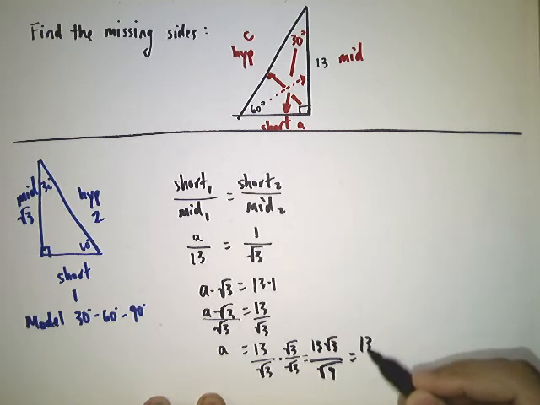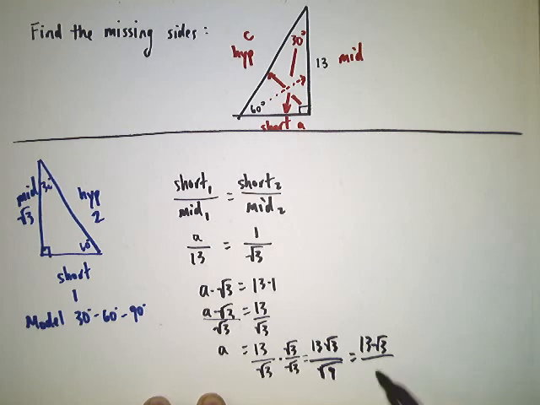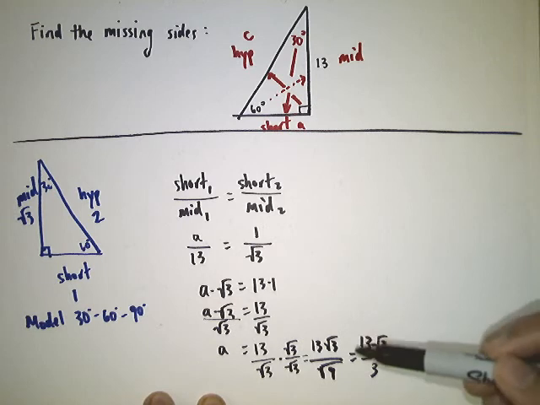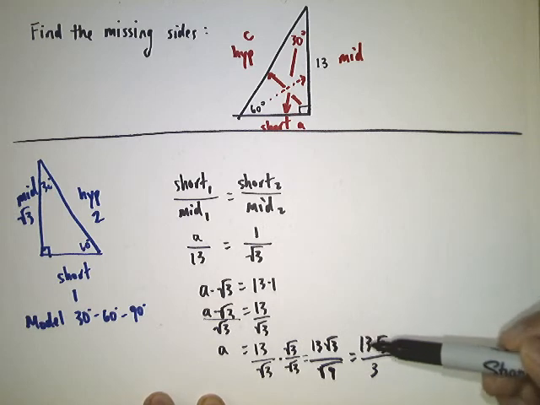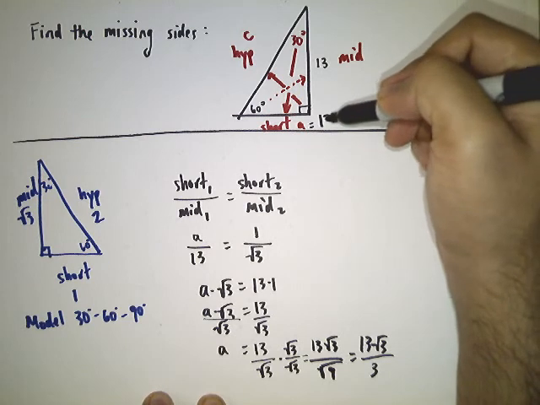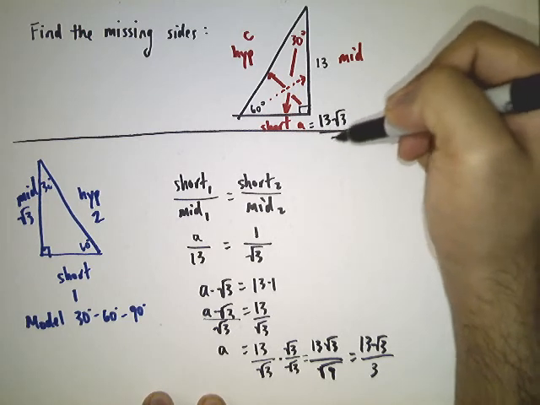So that becomes 13 root 3 divided by the square root of 9, which is 3. Now we think, is there any number that goes into both 13 and 3 other than 1? And there isn't. So we're actually done right there. We're done simplifying. 13 root 3 over 3, that's how long A is. 13 root 3 divided by 3.